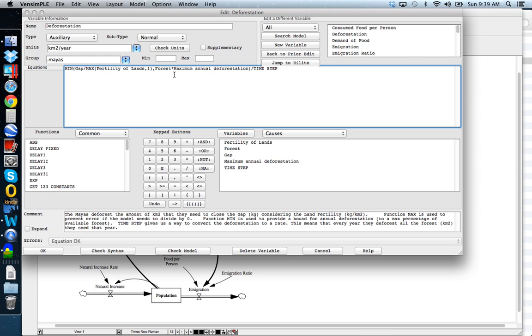If they needed less than the 4%, then they would close the gap. So the Mayas had some ability to adjust for food consumption and not deforest too much. There was some environmental conscience to them.